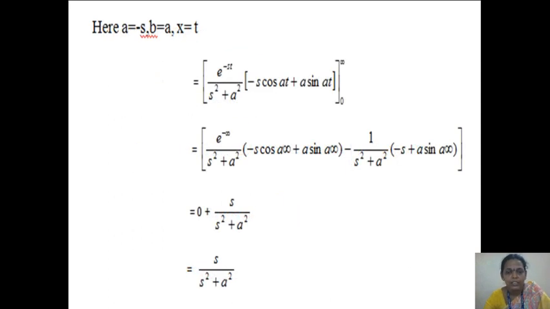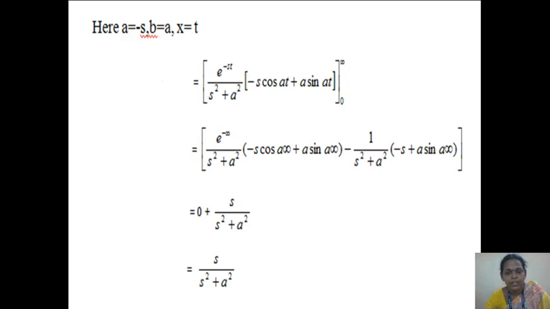Substituting these values in the above equation, we get e power minus st divided by s square plus a square into (minus s cos at plus a sin at), to the limit 0 to infinity. First substituting the upper limit, e power minus infinity value is 0, so 0 into anything is 0.